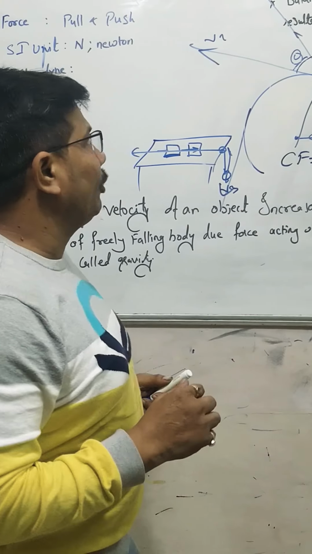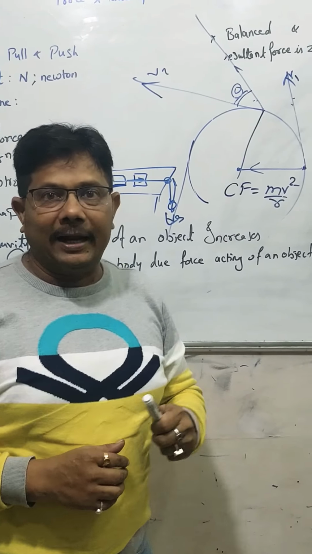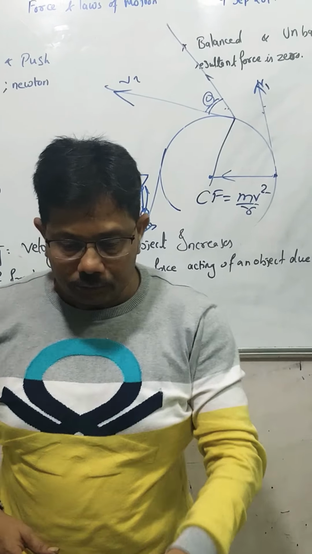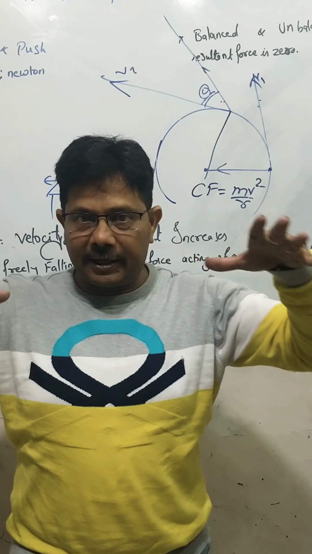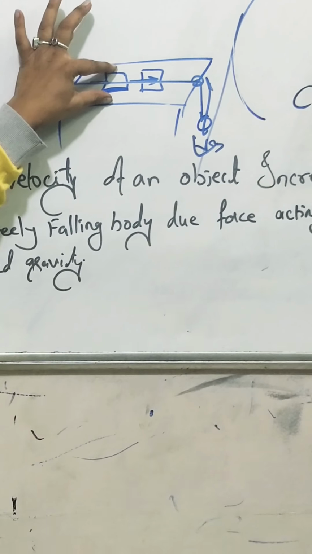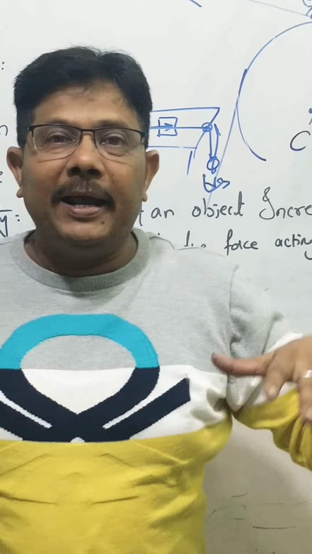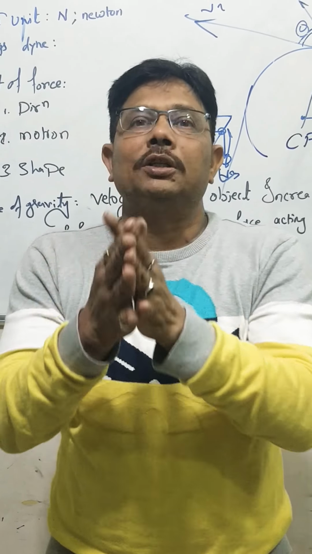One more thing I want to let you know about: balanced and unbalanced forces. When you apply two directional forces, like I explained about an object placed on the table, the table is applying an upward force. This is called normal reaction.